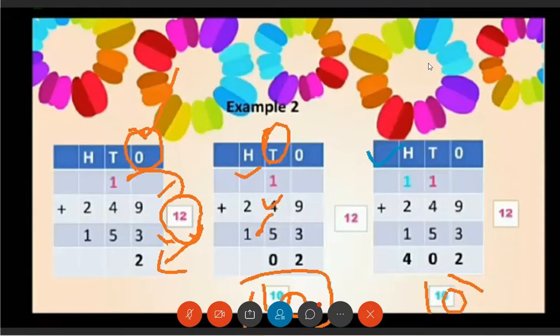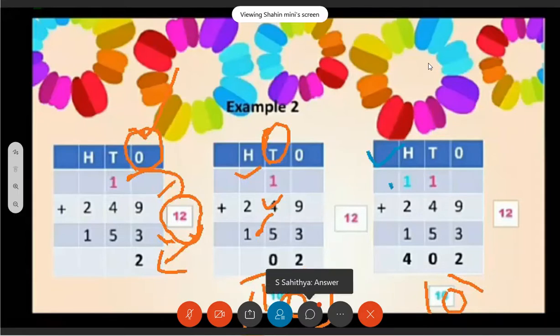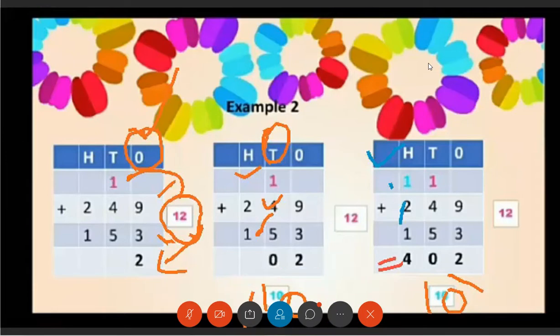Now we are going to add all the numbers in the hundreds place. 2, 1 plus 2 is equal to 3. 3 plus 1 is equal to 4. We got the answer 402.